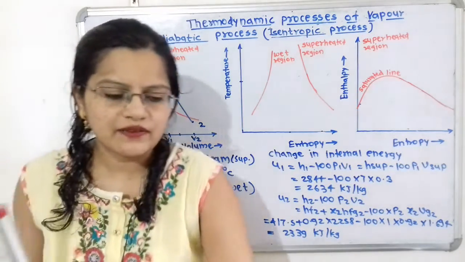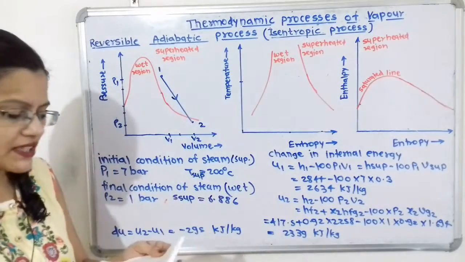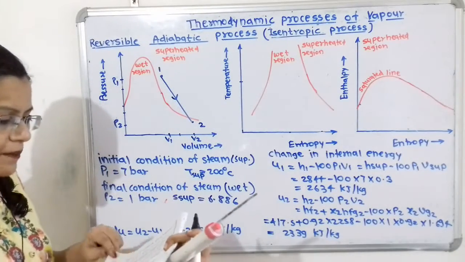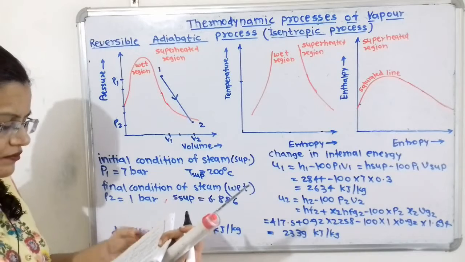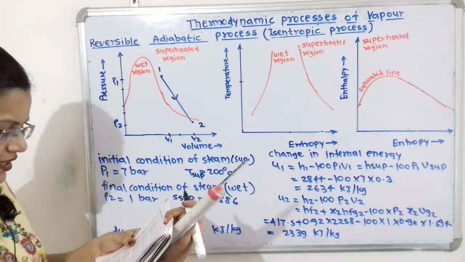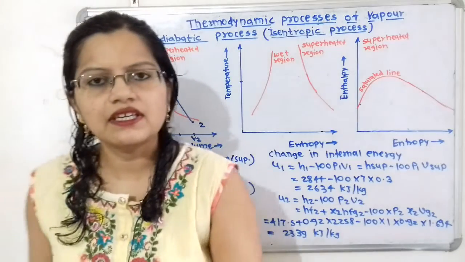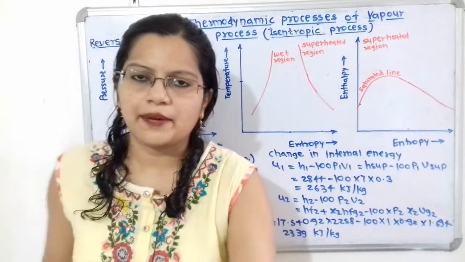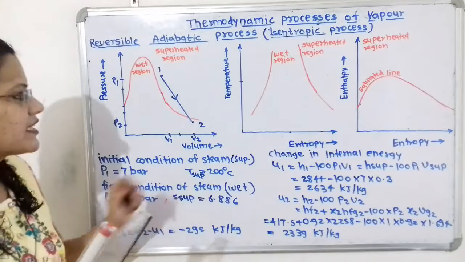That is, if we refer to the saturated pressure table for wet steam, for 1 bar pressure we will take 99.63, that is the temperature, so there is a decrease in temperature.